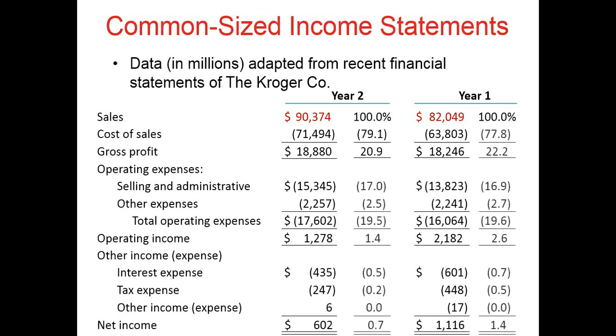Now in year 2, the net income for the company was much lower. So we need to ask ourselves why. Well, our sales were greater. Shouldn't that mean we have a higher net income? Well, no. Look at our cost of sales. As a percentage, it's a higher percentage than it was in the year before.